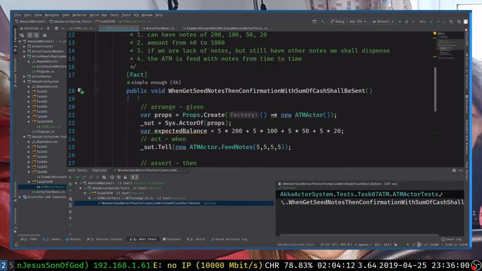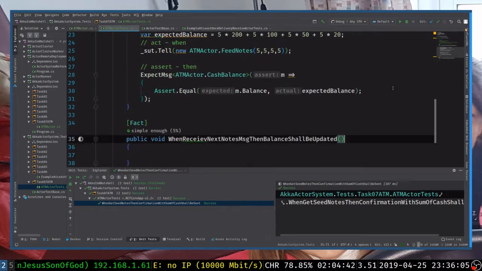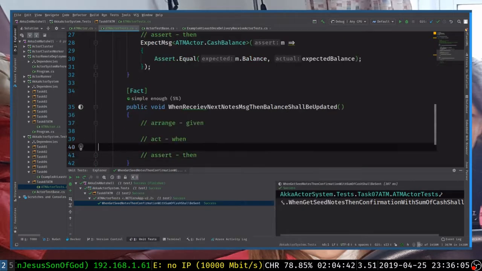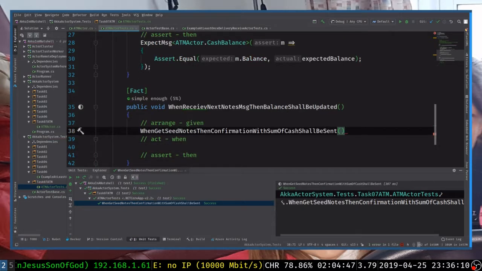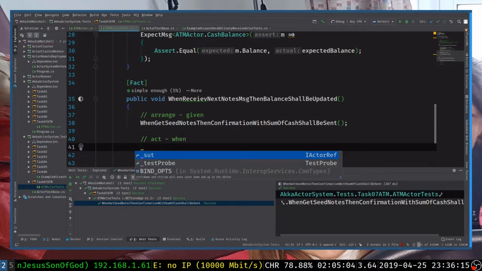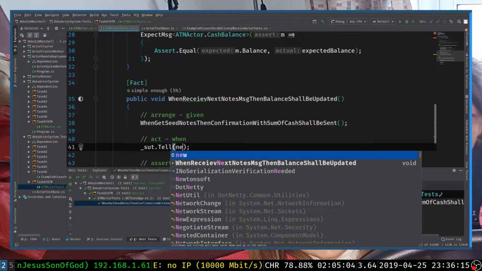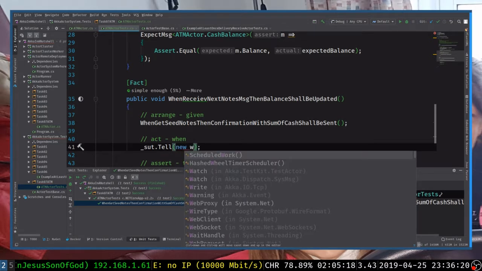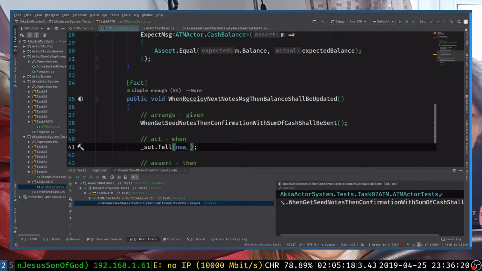So in our case, we just execute this as the initial state for the actor. Then we say system level test ATM actor feed notes, and we say 0, 0, 0, 0.